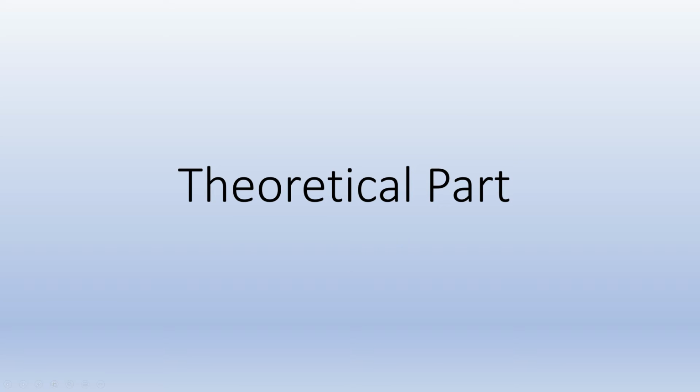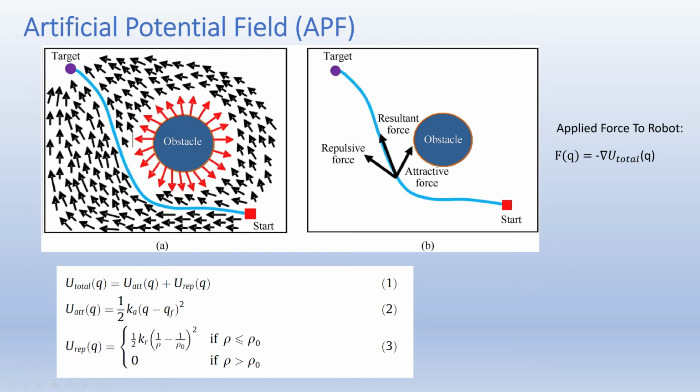Okay, here we come to the theoretical part. As for the artificial potential field, I first have to introduce this method as the introduction for the BPF. In this method, you have to define the potential, which is represented by U total, and it has the attractive and repulsive parts, which are expressed as below.